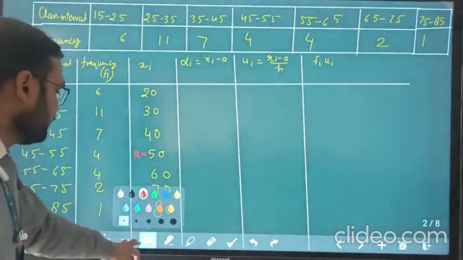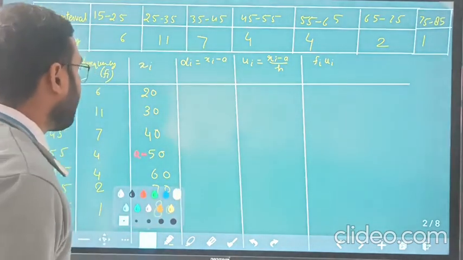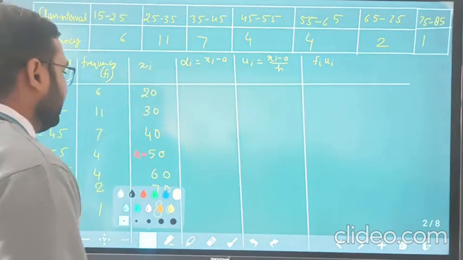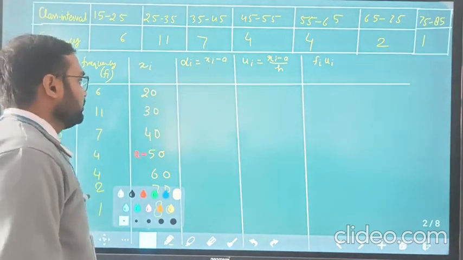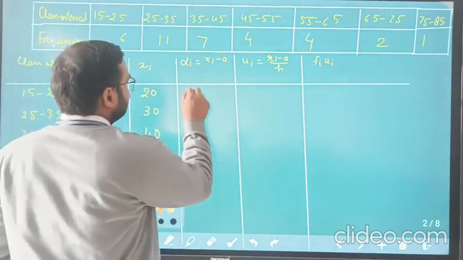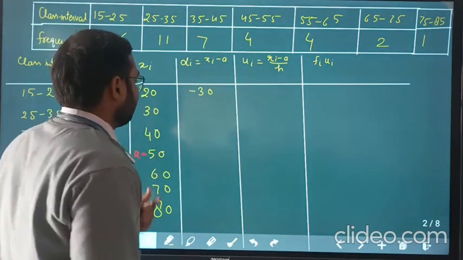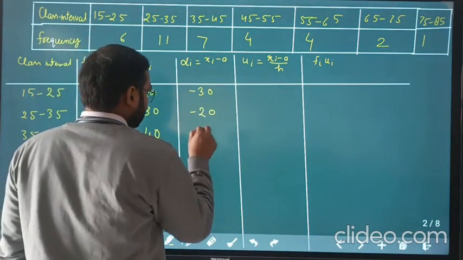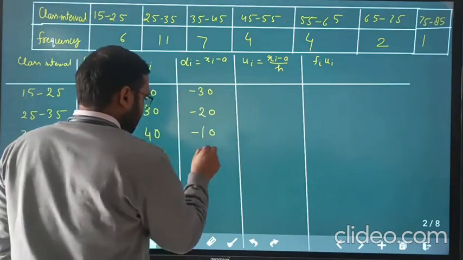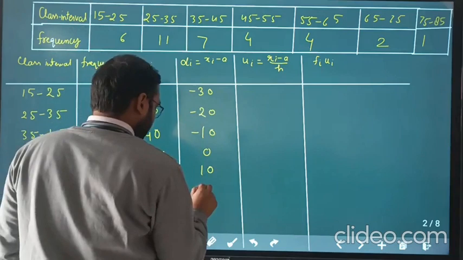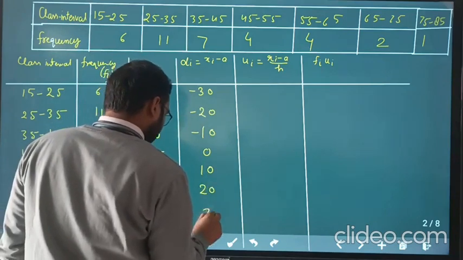So the value of di is equal to xi minus a. So 20 minus 50 is minus 30. Then 30 minus 50 is minus 20. Similarly, it will be minus 10, 0, 10, 20, 30.